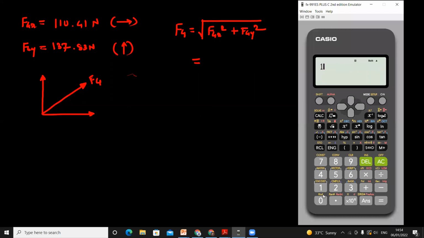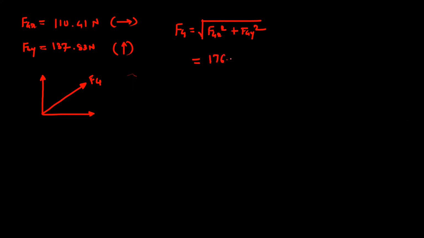So this is 110.41 square plus 137.83 square. So it is 176.59. So this is the unknown force, which is F4.